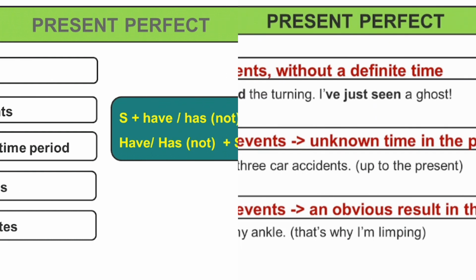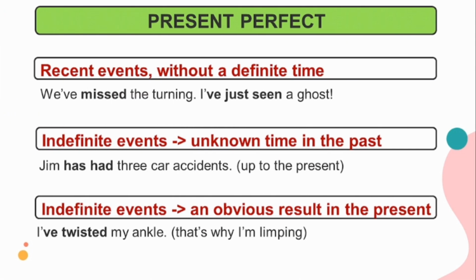Now, with recent events without a definite time, we use just, as in: I've just seen a ghost. With indefinite events, we don't know the time period in the past. Jim has had three car accidents from the past up to the present.